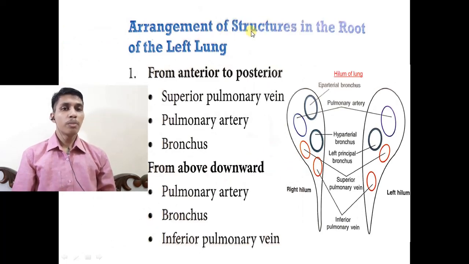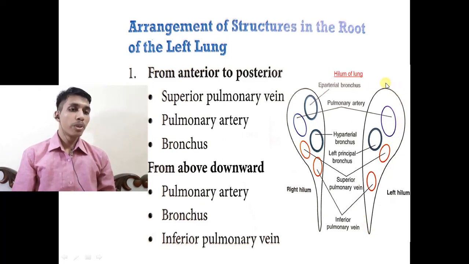Now the arrangement of the root of the left lung. This is the root of the left lung and the margin is formed by the pulmonary ligament. This is the anterior aspect, this is the posterior aspect, this is the superior aspect, and this is the inferior aspect.